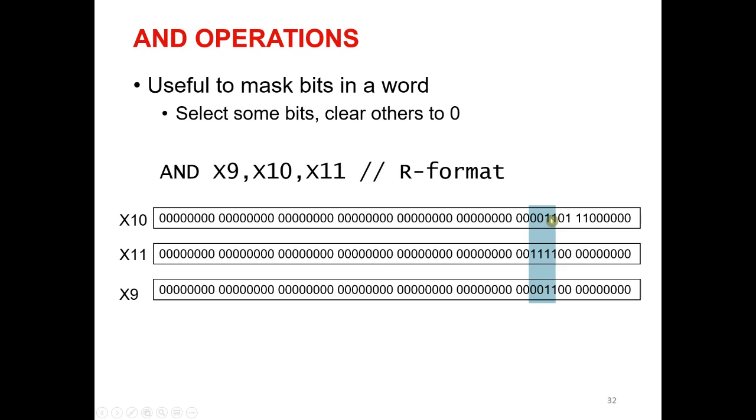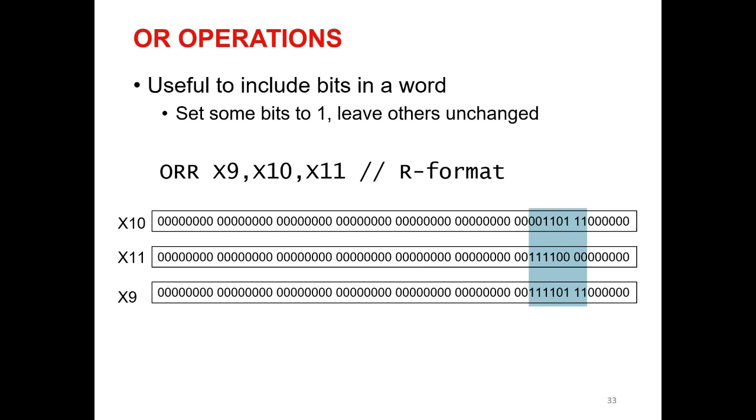For instance, you see here that with an AND, only when we have a 1 in register 10 and a 1 in register 11, we will have a 1 in that position in register 9, which is actually what is happening in these 2 bits. In the same manner, we have the OR operation, which could be useful to include bits in a word.